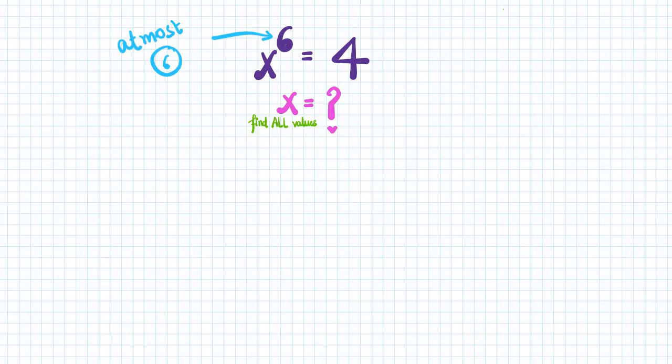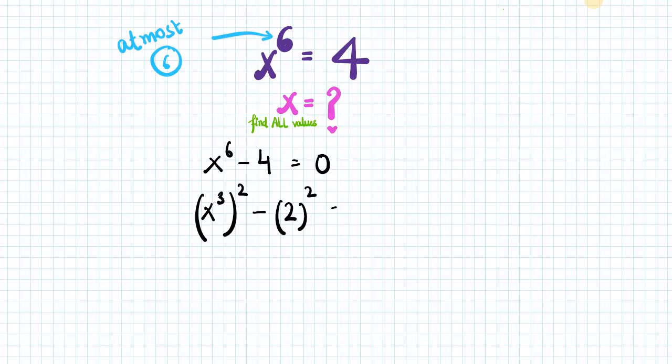Let's write this first as x power 6 minus 4 equals 0. Can I do that? Yes, we are subtracting 4 from both sides. Let's continue. Let's write it as (x cubed) squared minus 2 squared equals 0. Why did I do that?